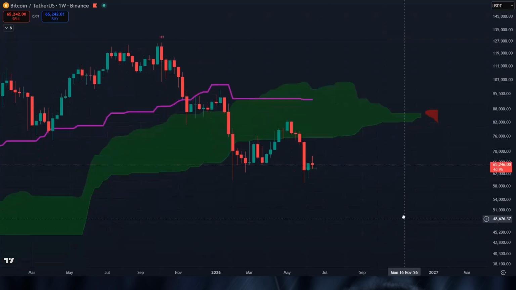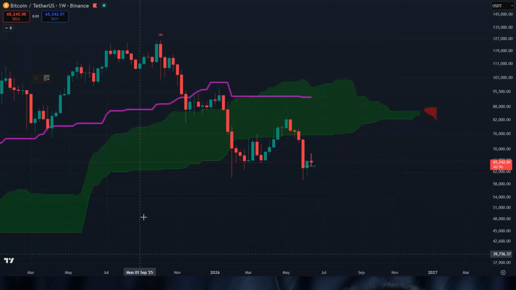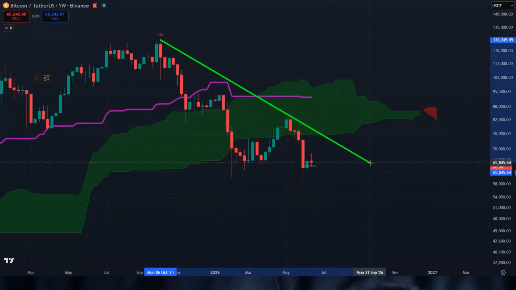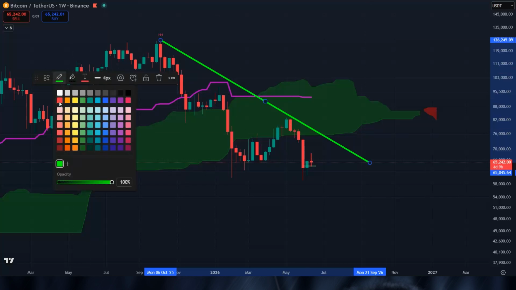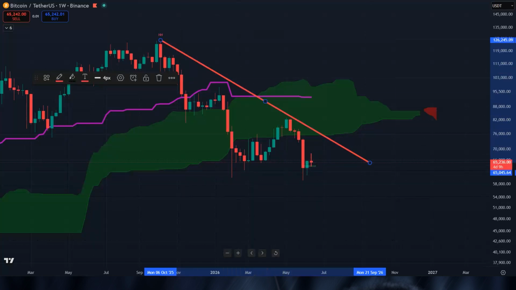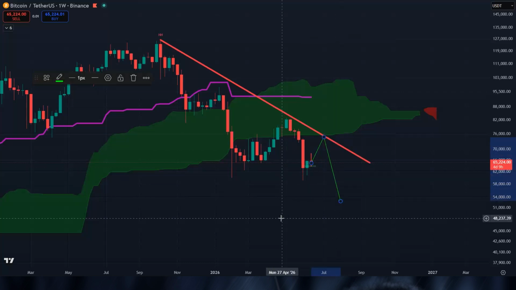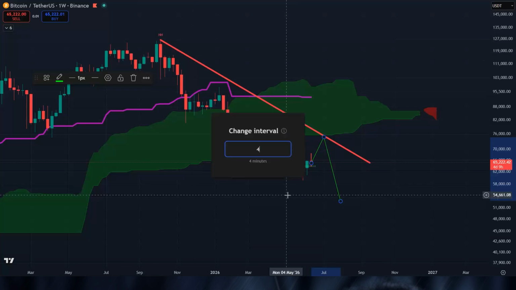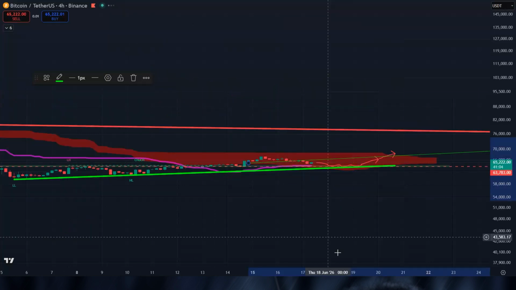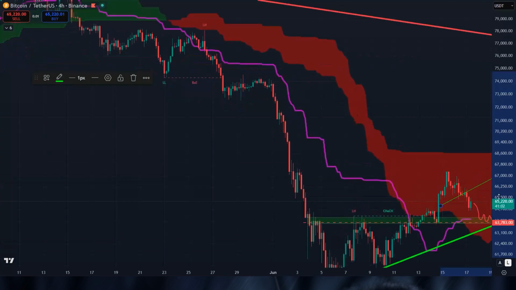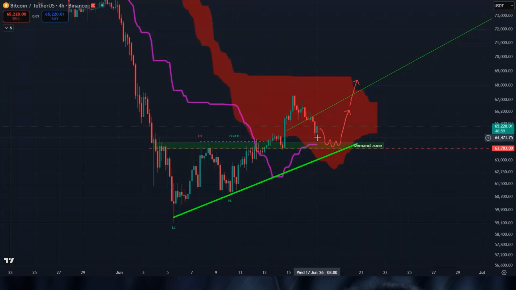Okay, and also if you draw a resistance here, you could see that there is a lot of confluence in this zone, which could lead us to the downside for the big picture. Okay, so in a 4-hour time frame or low time frame, we expect a bullish structure in this zone, in this demand zone.